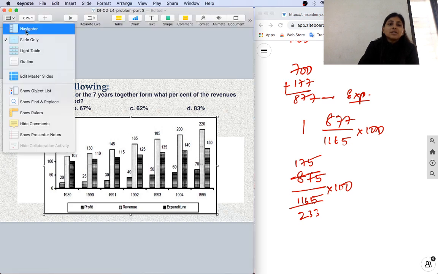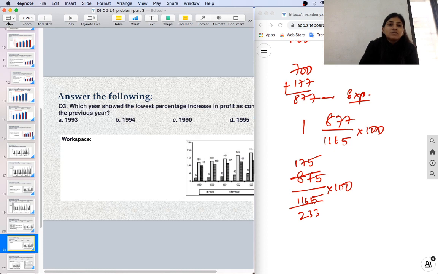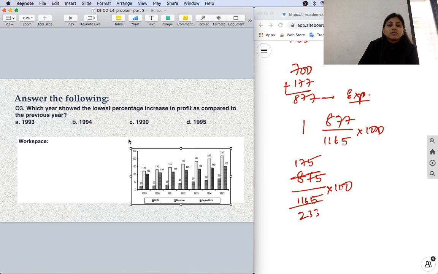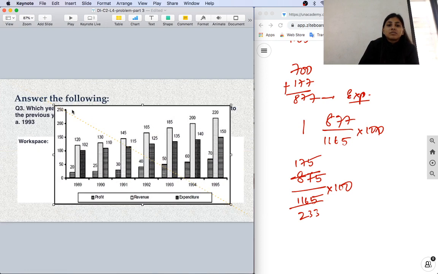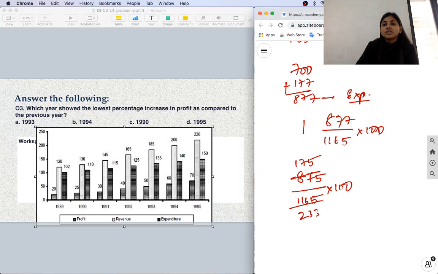So the answer is 75% approximately. Next question. Which year showed the lowest percentage increase in profit as compared to the previous year?